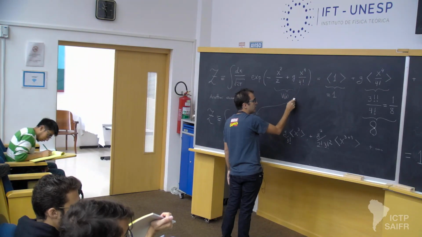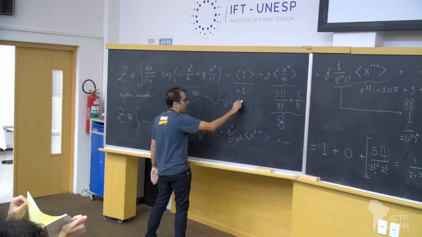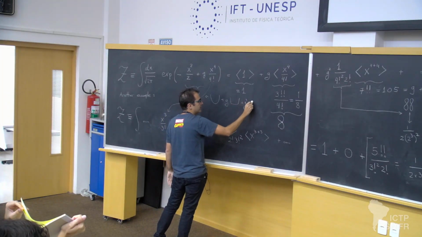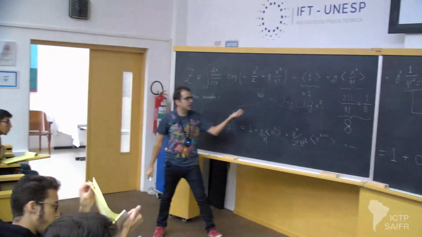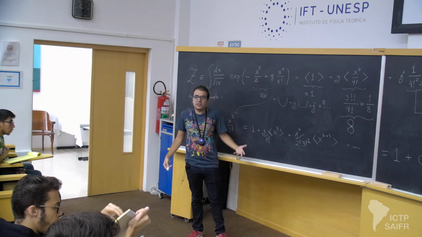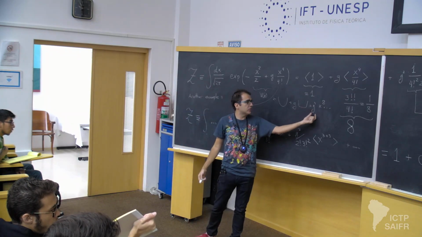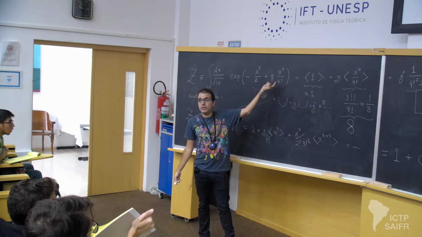So an even potential is always a parabola plus some small deformation plus some g prime times x to the 8 plus dot, dot, dot, right? This is just the most general expansion of a potential that is symmetric, right? So that's just a parameterization of my energy functional. I could actually take this g prime x to the 8 here and add this term here.